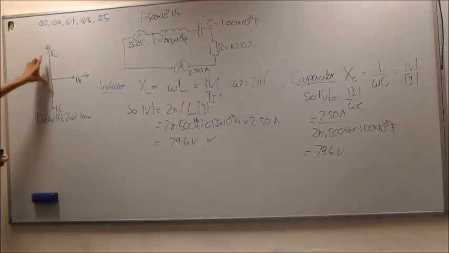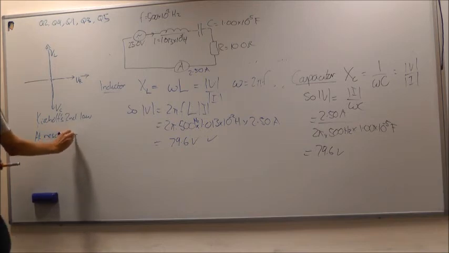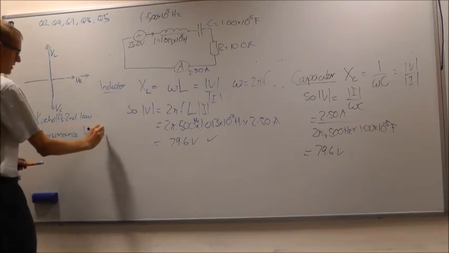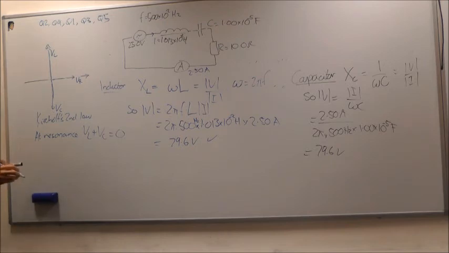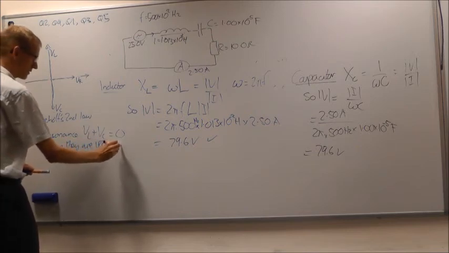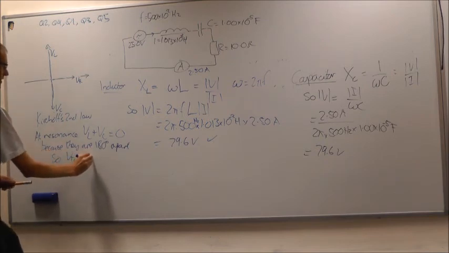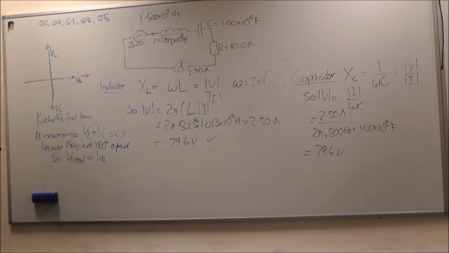So if we add these vectors at resonance, this precisely cancels that. At resonance, VL plus VC equals 0, because they are 180 degrees apart. So V total is just the voltage over the resistor.